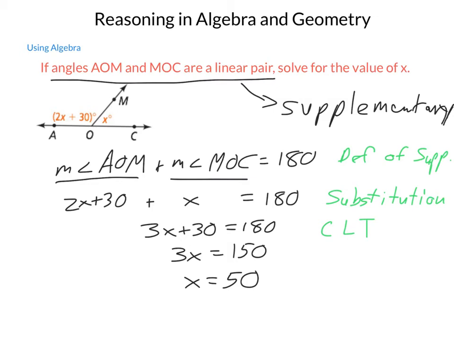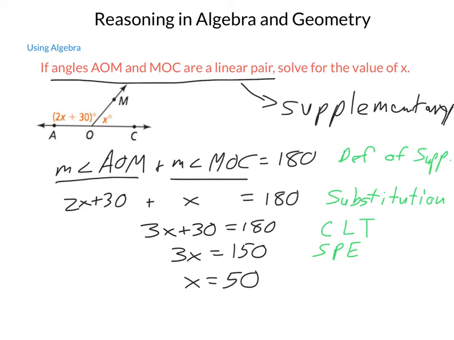Now, using our properties of equality to move from this line here to this line here, we got rid of that 30. Well, since it was addition, what we had done was subtraction. So I simply write on the side here, subtraction property of equality.